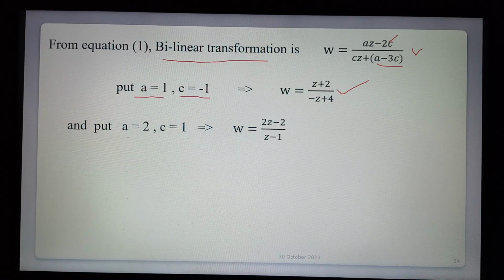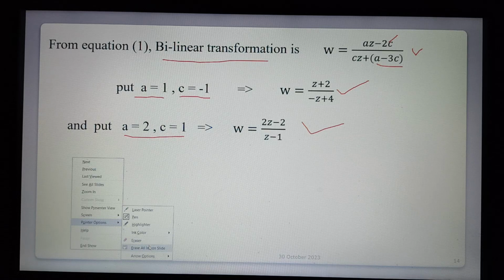Next, choosing a is equal to c is equal to 1. So we get w is equal to (z minus 2) by (z minus 2). This is the any two bilinear transformations. Now substituting any other values, we get another one. So 2 is enough. Okay na? So this is a bilinear transformation when given fixed points 1 and 2.